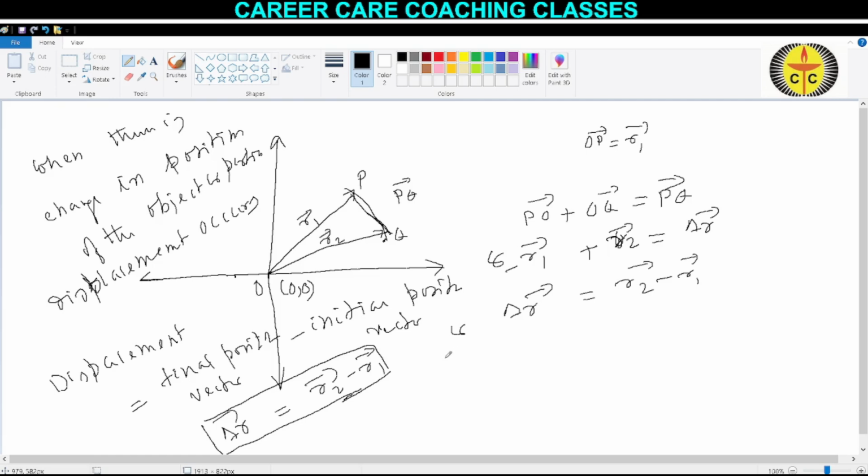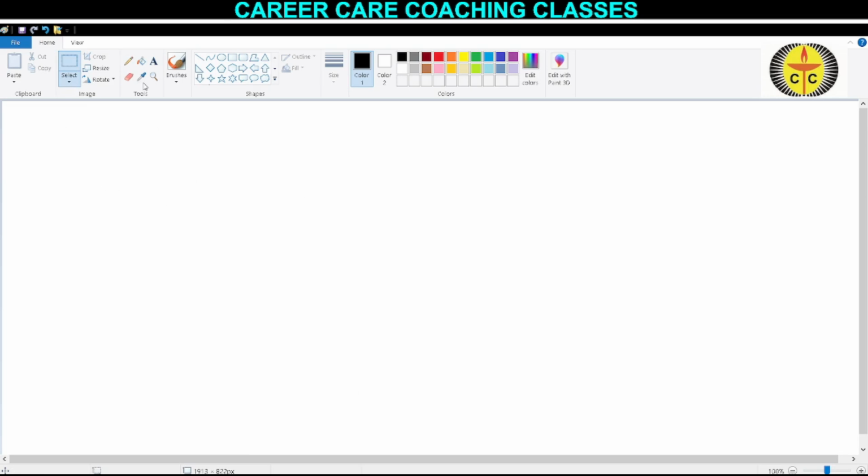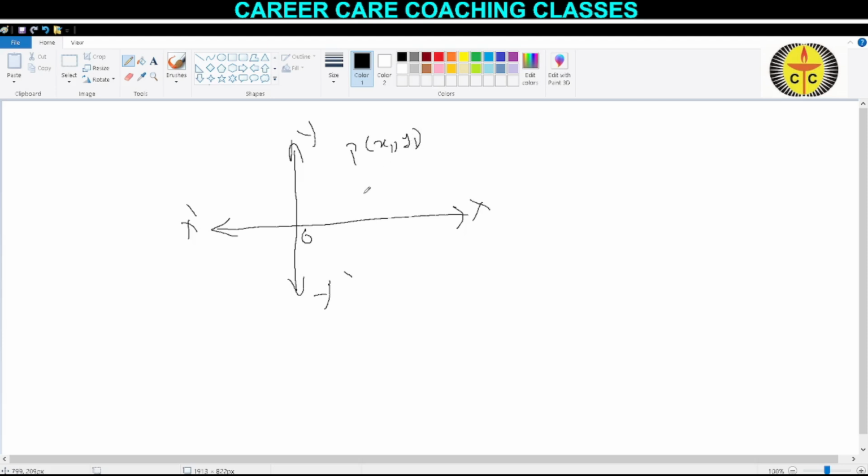Now discussing this more elaborately. Suppose we have axes X'OX and Y'OY. Suppose the point P is located here at the point x1, y1, and Q is located at x2, y2.